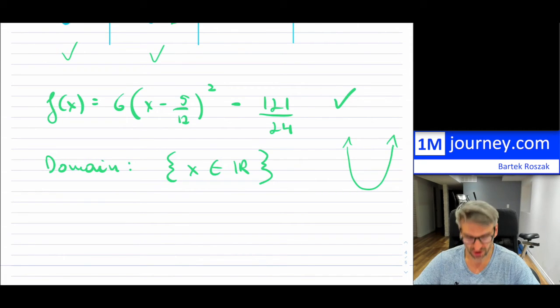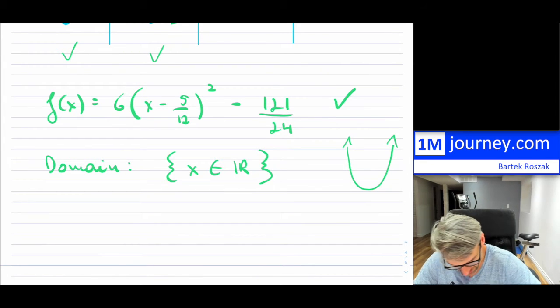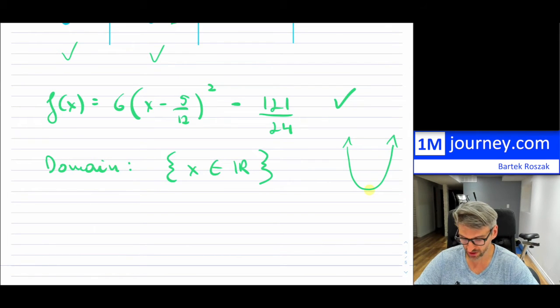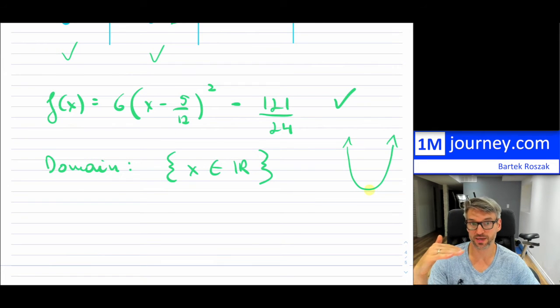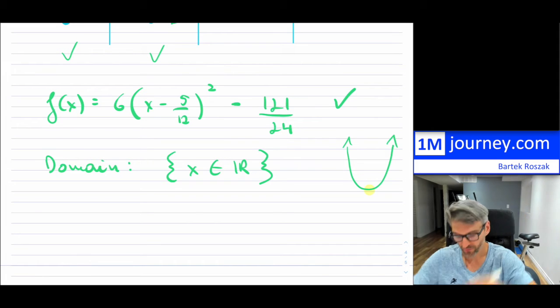Now the range is all the possible values for basically f of x. And that's going to be, okay, starting at the minimum value, so that's why I wanted to know what this vertex form is. From the vertex form, from the minimum, we have the range, which is anything above that, right?